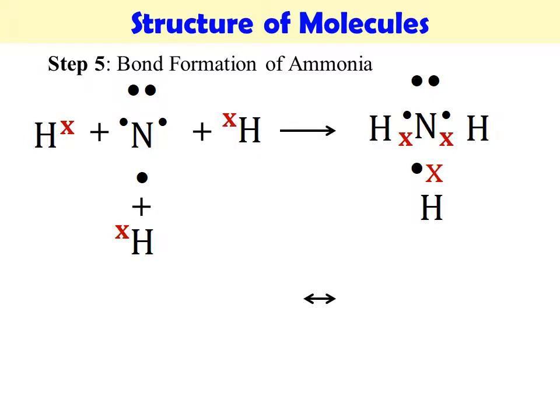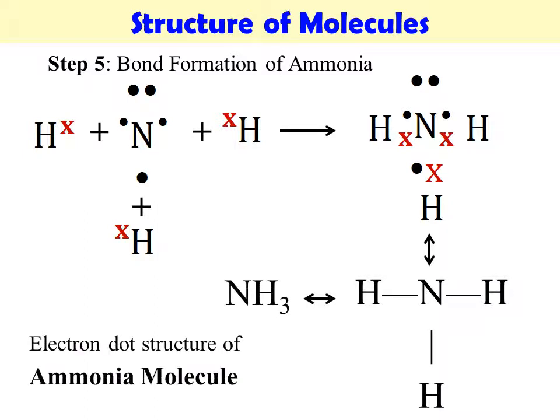With every hydrogen atom, 1 electron is bonded. One electron of whom? One electron of nitrogen and one electron of hydrogen. So there are 3 bonds, NH3. You can see the 3 bonds here. This is the electron dot structure of the ammonia molecule.